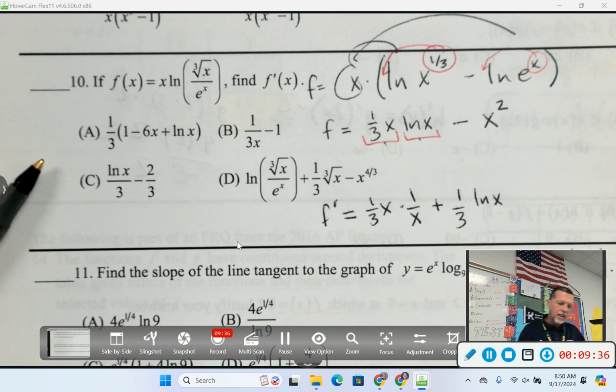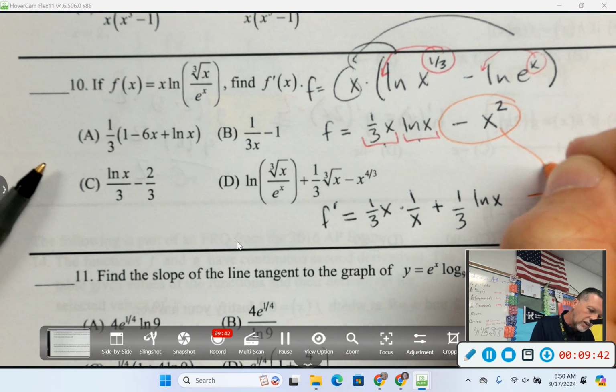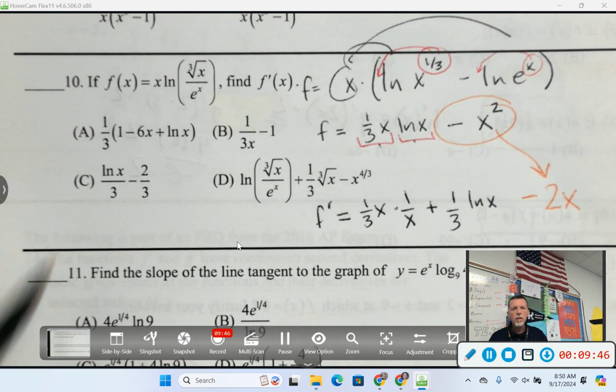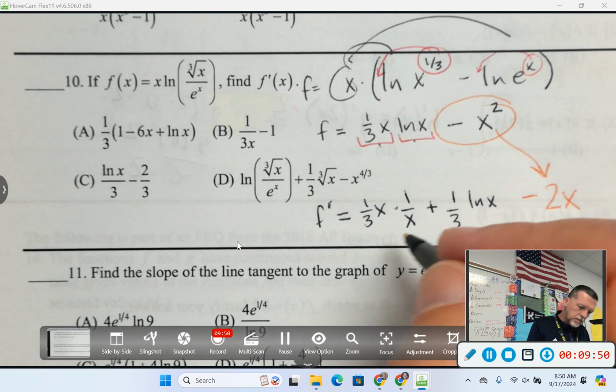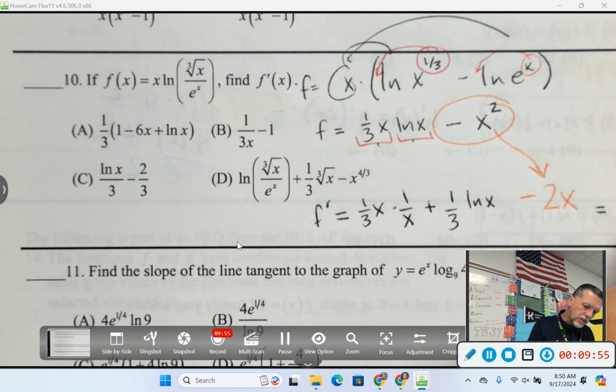And then don't forget, sometimes people get so involved in the product rule that they forget that there's another term out here whose derivative is minus 2x. Let's clean that up a little bit. Those x's cancel, so 1/3 plus 1/3 natural log x minus 2x.